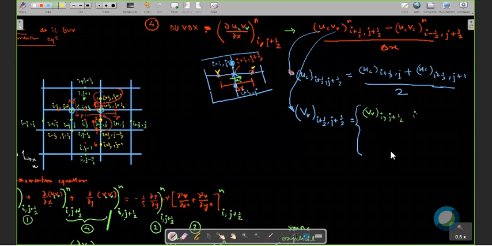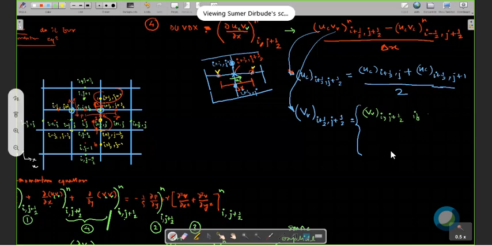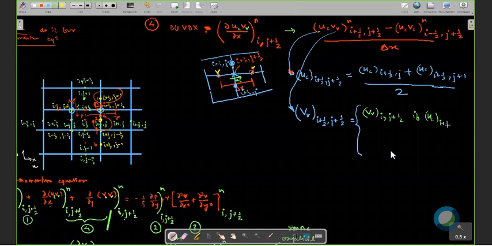If this UC at i plus half comma j plus half is greater than or equal to 0, else VV will be equal to the value at this point. What is this point? i plus 1 comma j plus half. Okay.